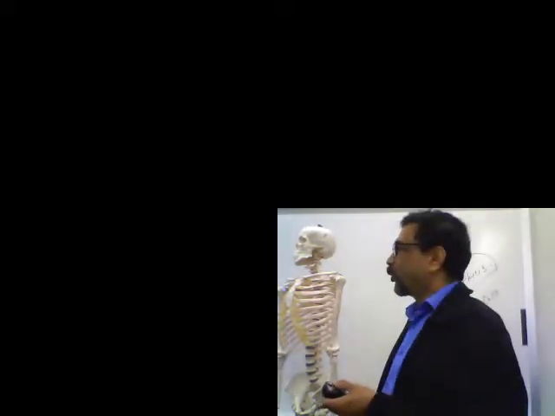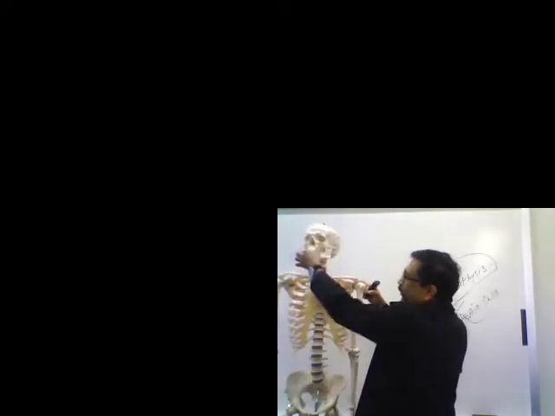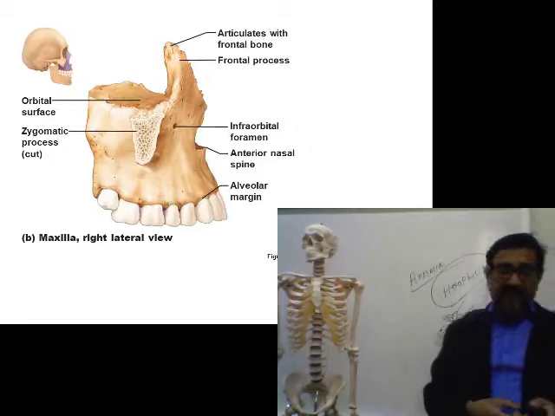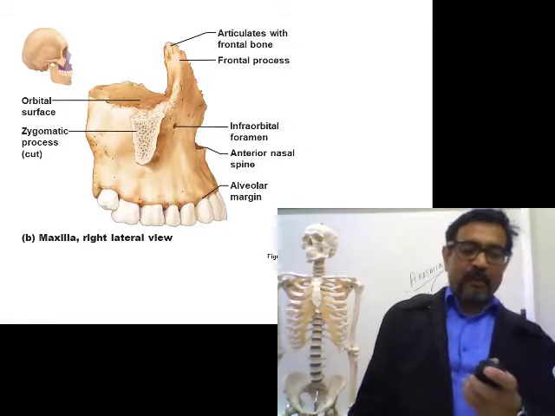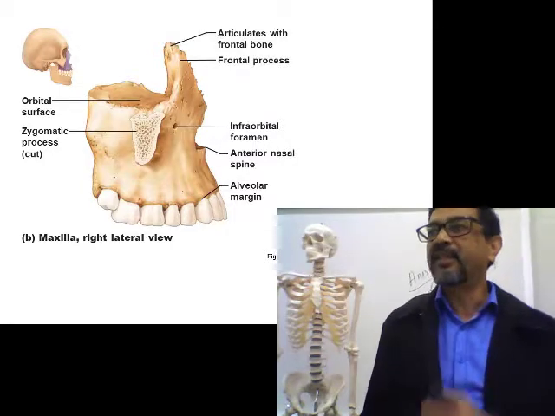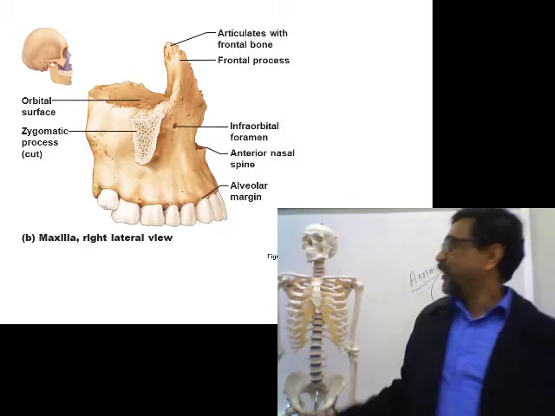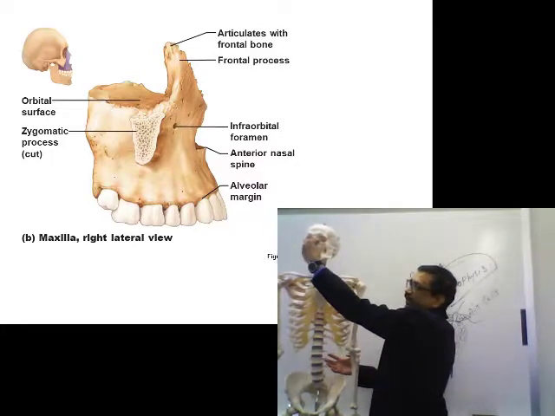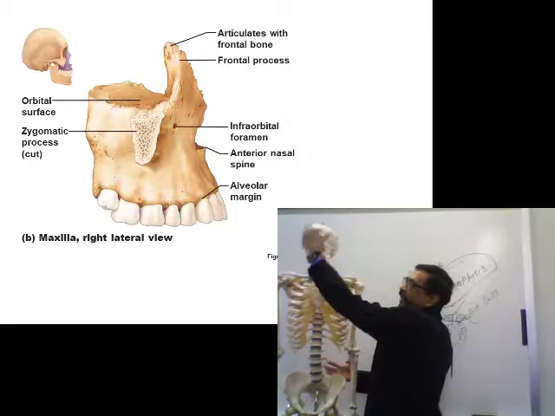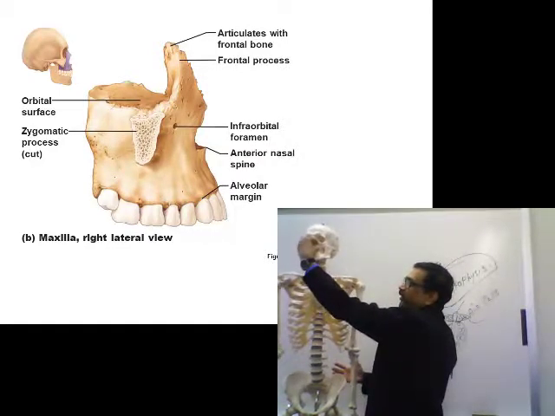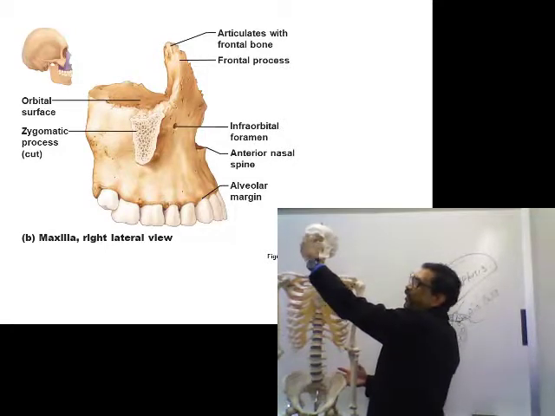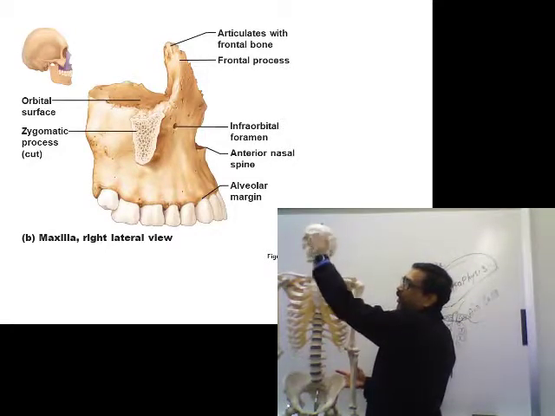Maxillary bones, two maxillary bones join to form the maxilla, right? Upper jaw, and the maxillary bone is known as the keystone bone. Why is it called the keystone bone? Because you see here, the maxillary bones or maxilla is located in the center of the face, sitting in the center, and this bone articulates with all other facial bones.